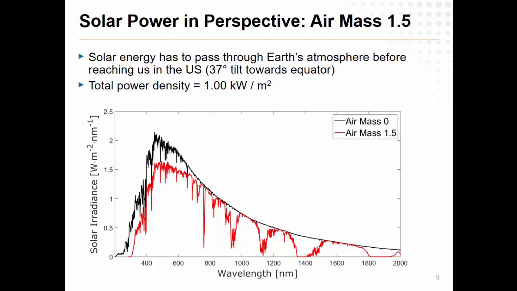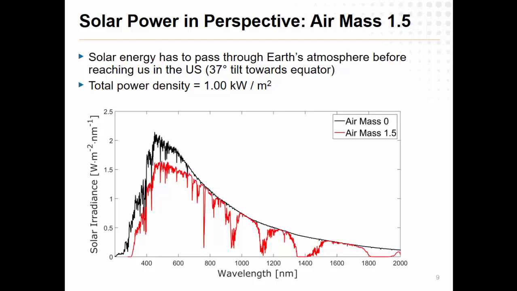So that's where this air mass 1.5 name comes from. And it's regarded as a standard annual average solar spectrum for the average person sitting in the continental US. There's a separate standard they'll use if you're in Europe, but this is generally what you see from the sun for the average continental US person.